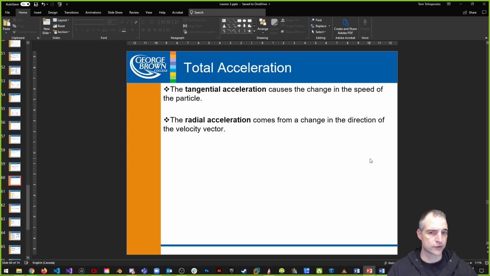Tangential acceleration causes the change in speed of the particle, and then we have something else called the radial acceleration that comes from a change in the direction of the velocity vector. So there's three types we've just talked about: centripetal acceleration, tangential acceleration, and radial acceleration. Those are the three types, all related to circular motion.